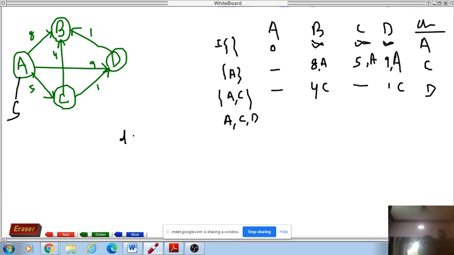Let us finish that. A to D will be how much? Then I will explain the algorithm. A to D, D to B, how much? 1D.